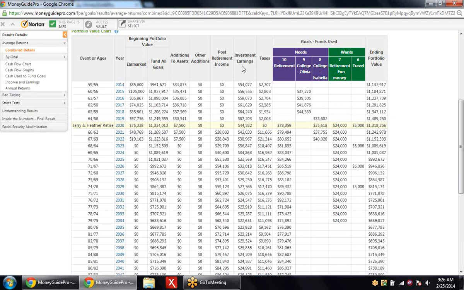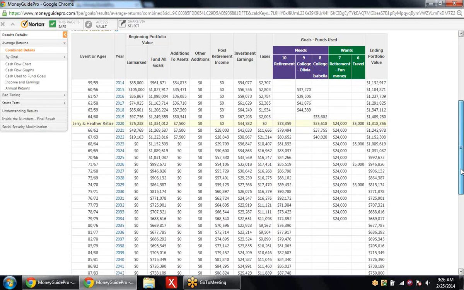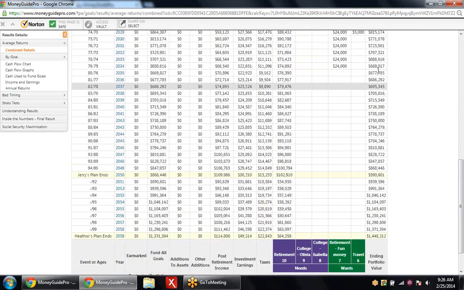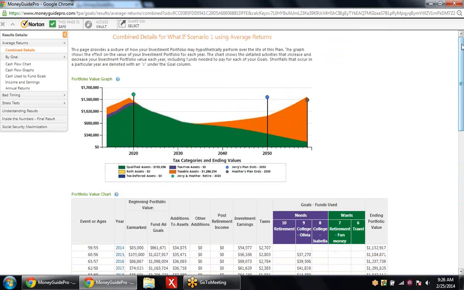I also said that our investment earnings are going to be greater because during retirement, instead of making 3%, we said we're going to keep 3.5%. And those two factors being changed grew this number immensely. So my point of this is that you can look at these different assumptions and make changes and see the dramatic impact they may have on your plan.